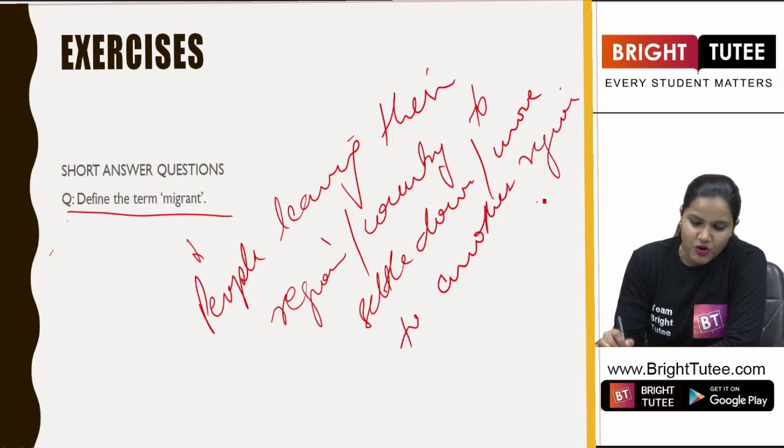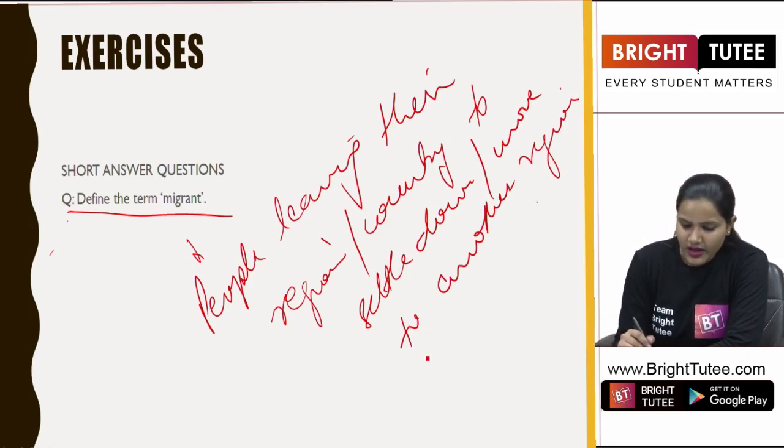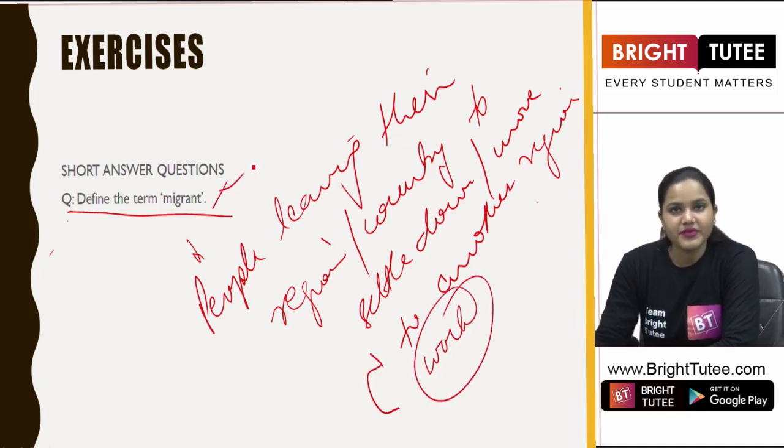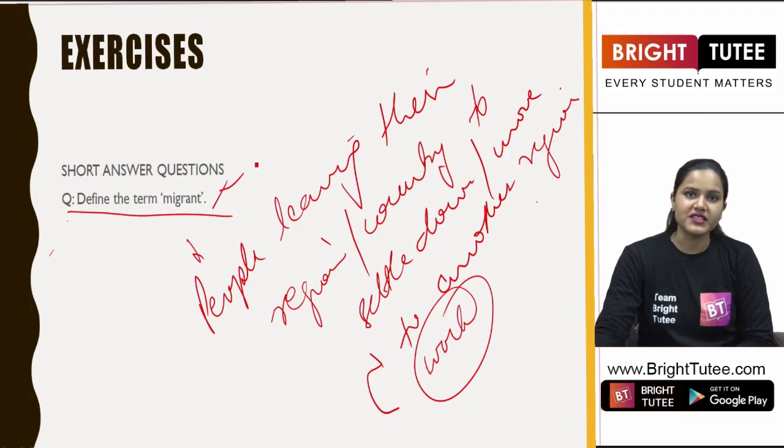So these people who moved from their own country, their own region to some other country to settle down or to go and work, they were known as migrants, right? So this is how you have to answer this question. It is a short answer question, so 2-3 lines would suffice.